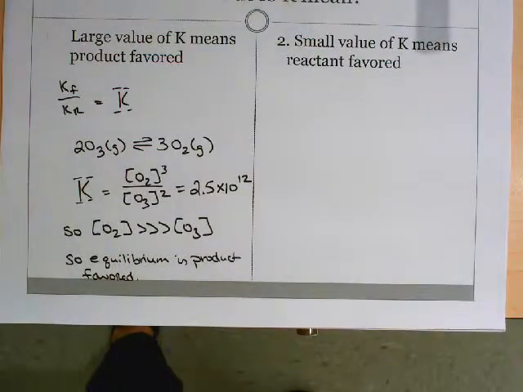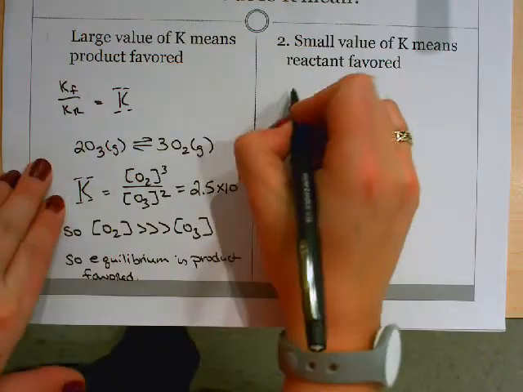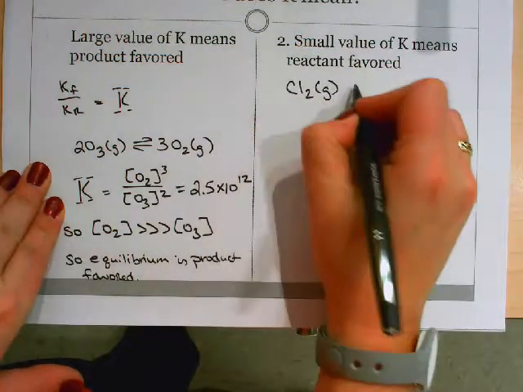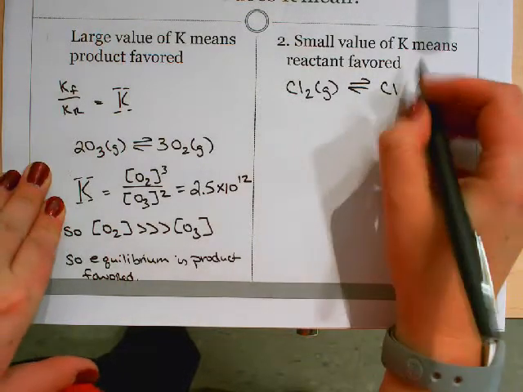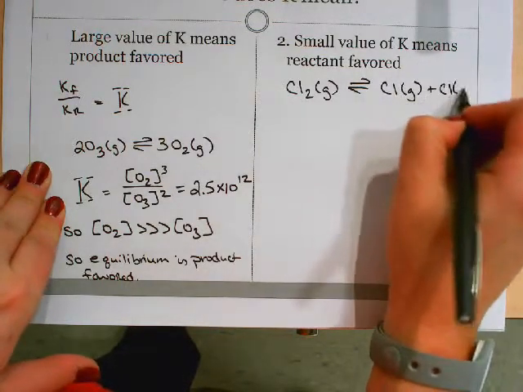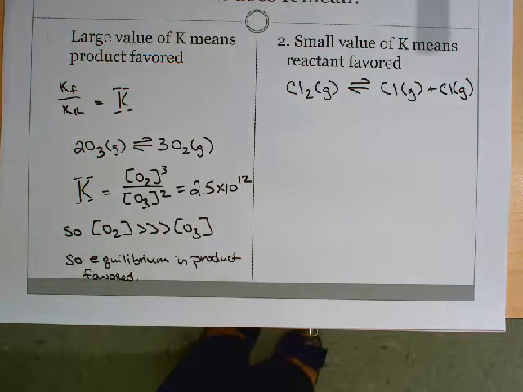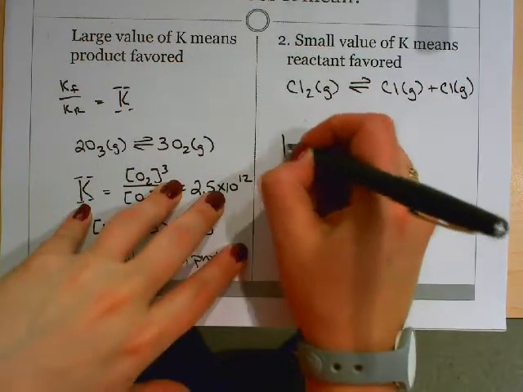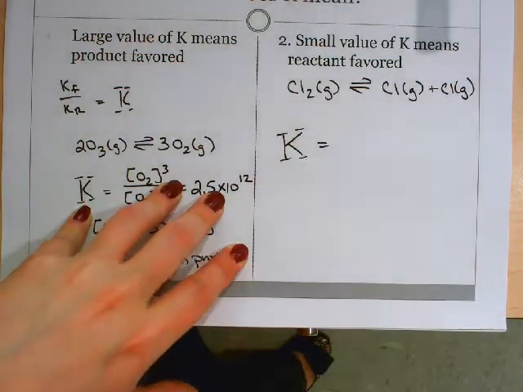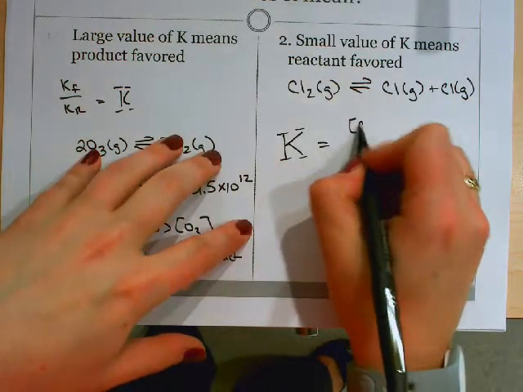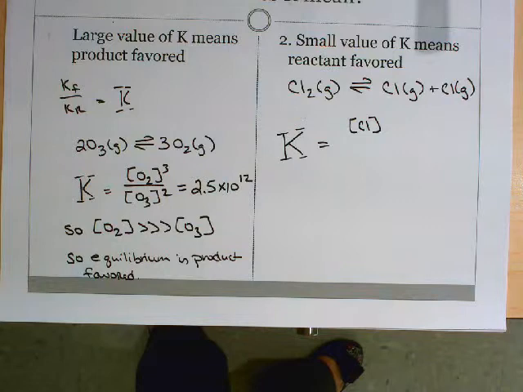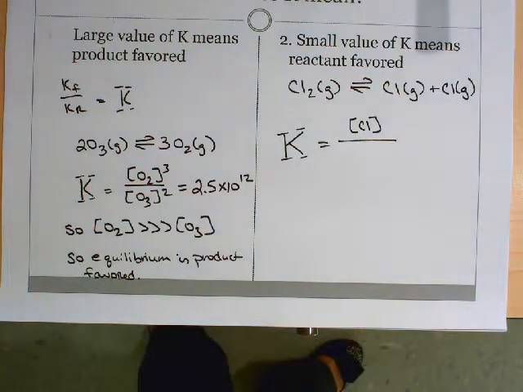Alright, so then let's do the opposite case. Let's talk about chlorine gas falling apart into elemental chlorine. How likely is that to happen? Not likely at all. Almost never. So the K for this, what exponent should the numerator have? 2.